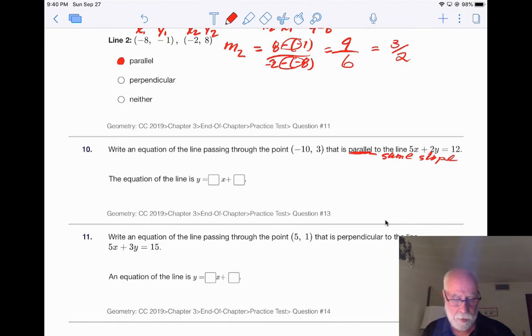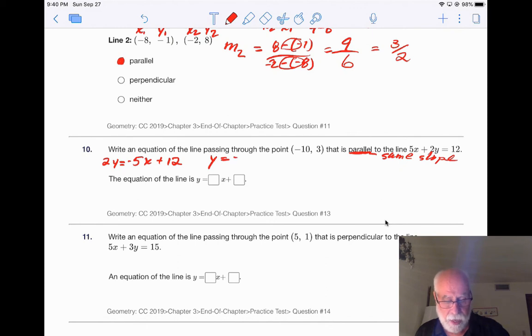So first thing I'm going to do is take my 5x plus 2y is equal to 12, and I'm going to subtract 5x. So I'll get 2y is equal to negative 5x plus 12. Now to get y by itself, I'm going to divide everything by 2.